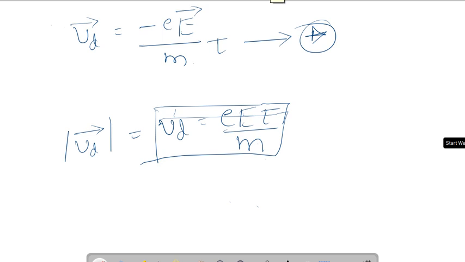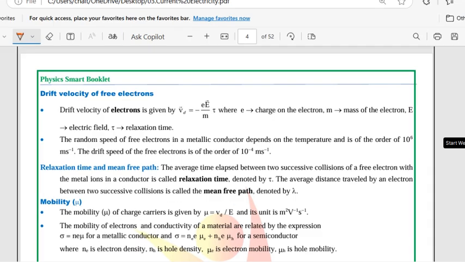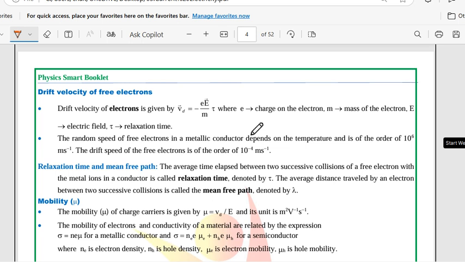If you substitute the a bar value in this equation, we get the drift velocity equal to small e into capital E into tau divided by m. This is the equation for drift velocity. Here we have derived this expression. Is it clear or not?